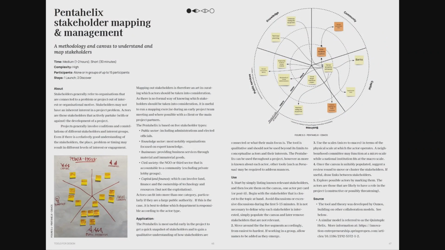Then the next tool is actually the pentahelix and stakeholder mapping and management. This is very important because, especially during the launch phase, you want to know, with everybody who's present, who they think are important players. And as soon as you go into the discover phase, you want to look at this again, because you might be overlooking key players that you actually need to talk to through interviews, through focus groups, to get more information about what their needs are.